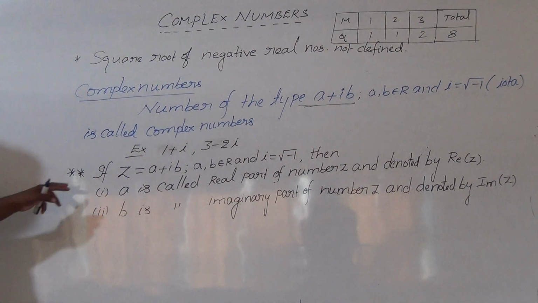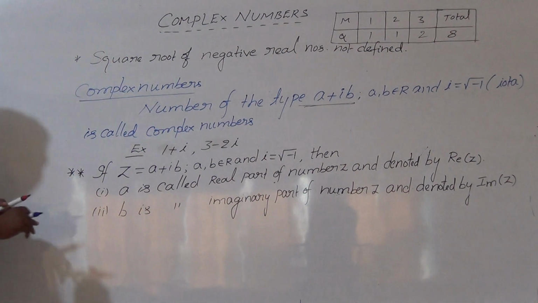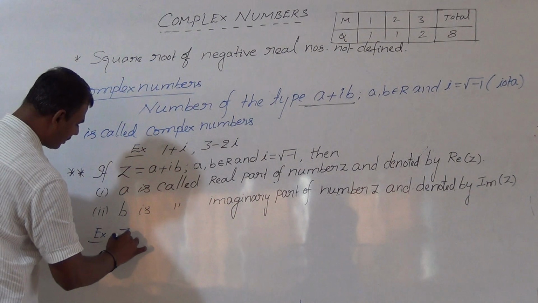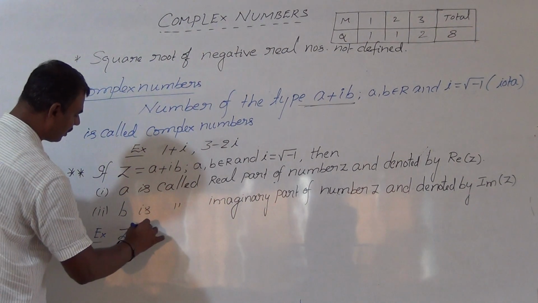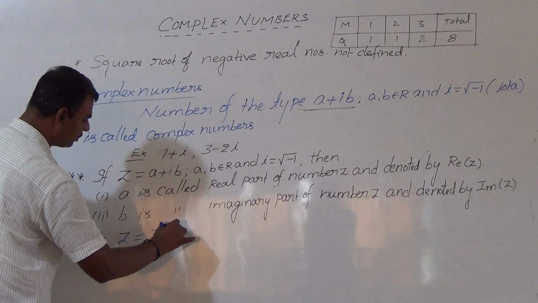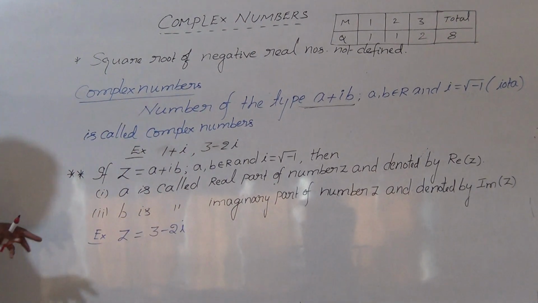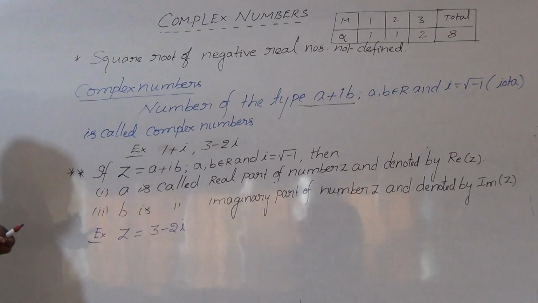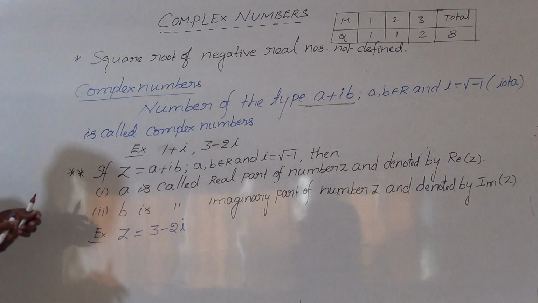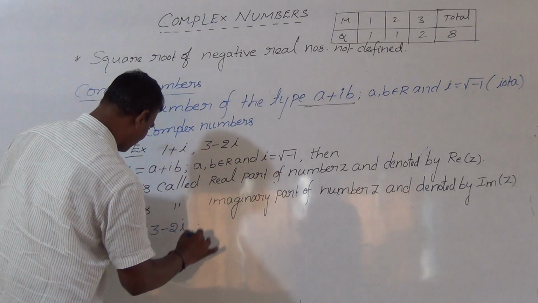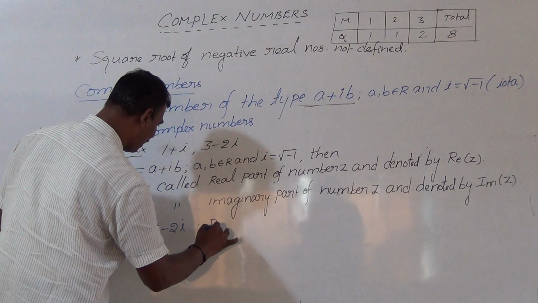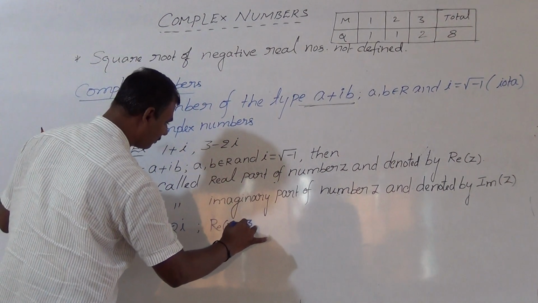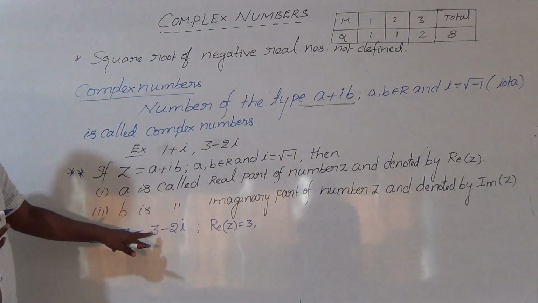Remember all of you. Let us see examples. Let us take z is equal to 3 minus 2 iota. What is a, what is b here? That means what is the real part of z and what is the imaginary part of z. In this case the real part of z is equal to 3. We take only the part without i.